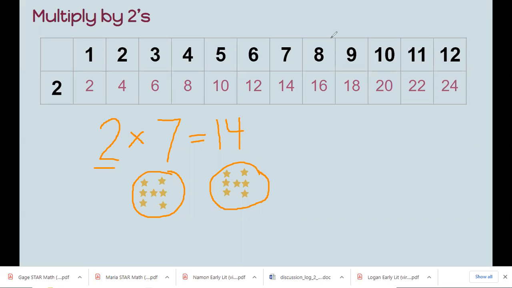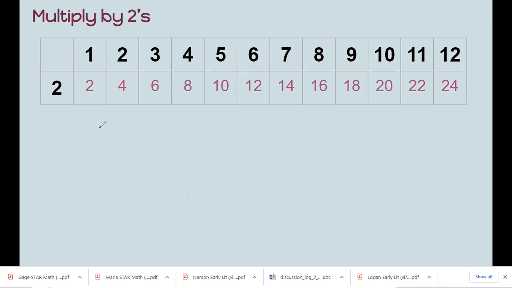Okay, let's look at another example. What if I have two groups of 3? I want to know what the product is of two groups of 3. Let's start by drawing a picture. I'm going to draw my picture of two groups.